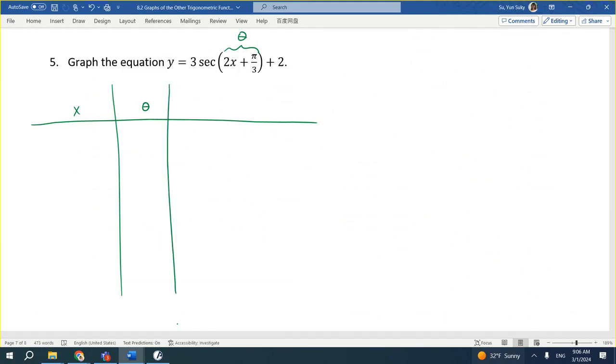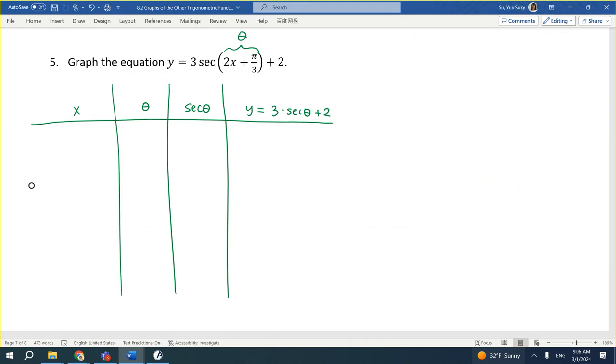And then the trig function involved is secant theta. The last column is the y. You see the y is 3 times secant theta plus 2. So the first step is to set up the table. Yes, everybody?